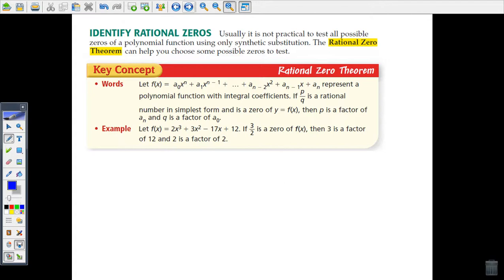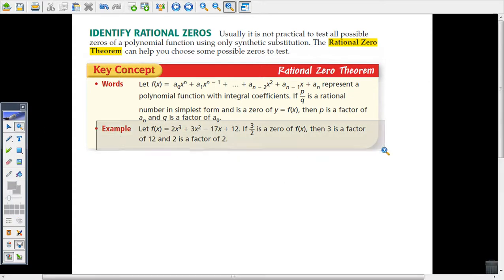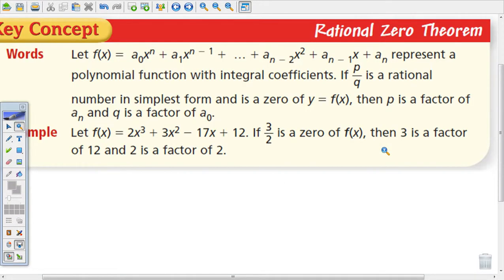And the best way to do this is not to look at the words, because that's just confusing, like letter overload. But if you look at the example, if this is a cubic function that we have, and let's say that 3/2 is a 0, that means that 3 is a factor of the last term, and 2 is a factor of the first term.